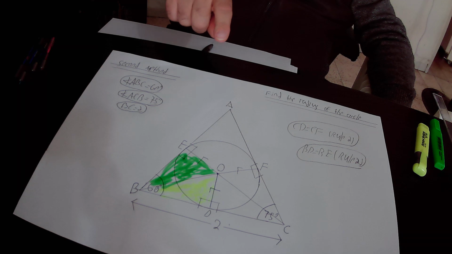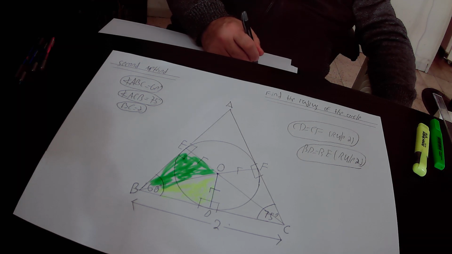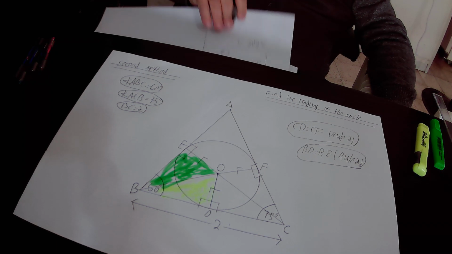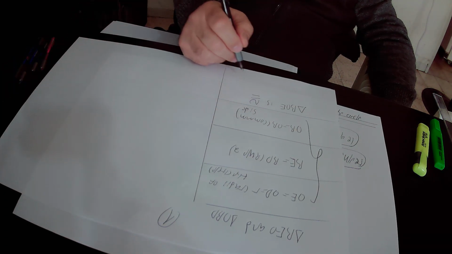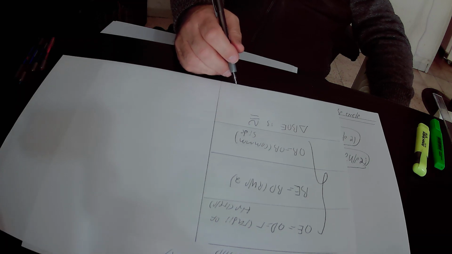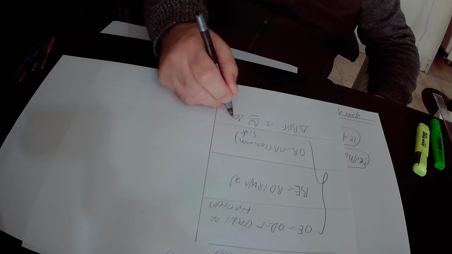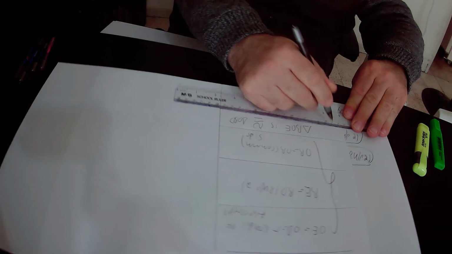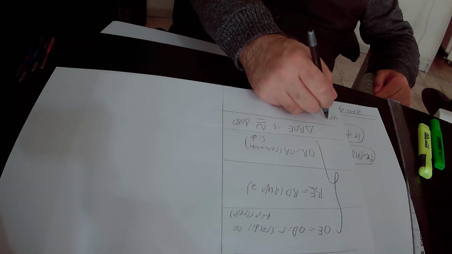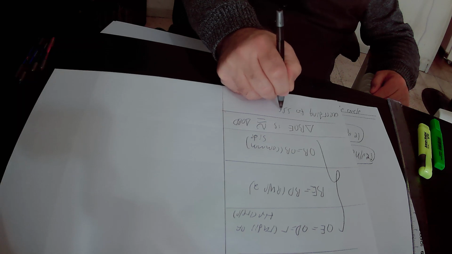So the green triangle BOE is congruent, this is the sign of congruent, to the yellow triangle OBD, according to the side rule.